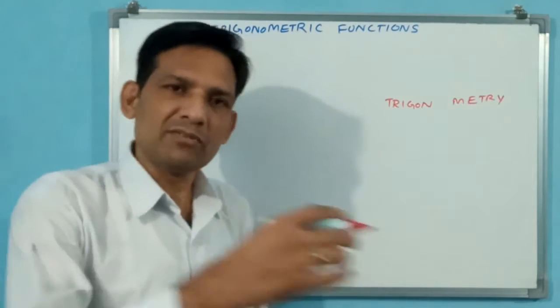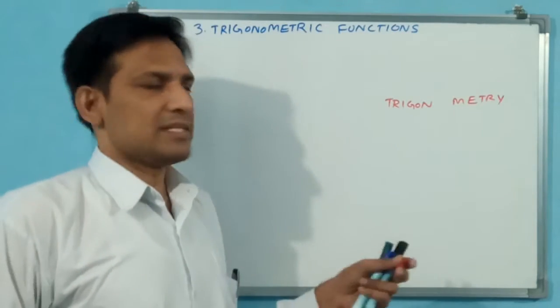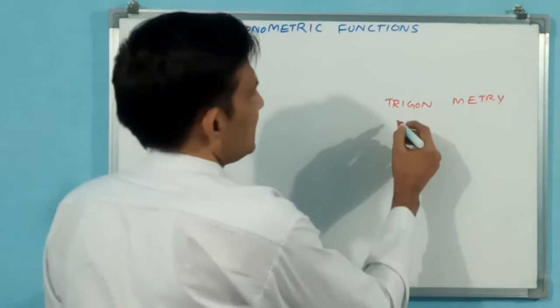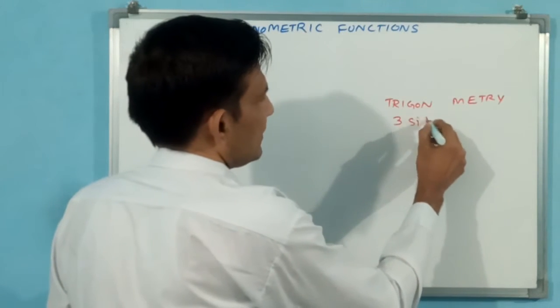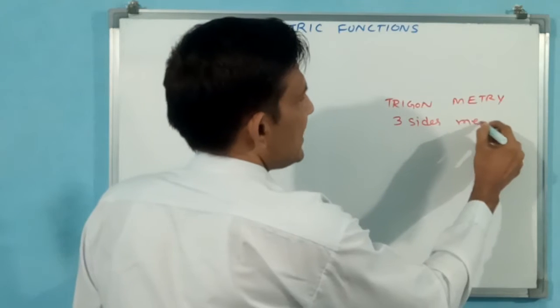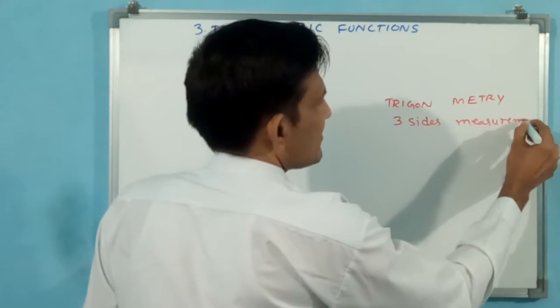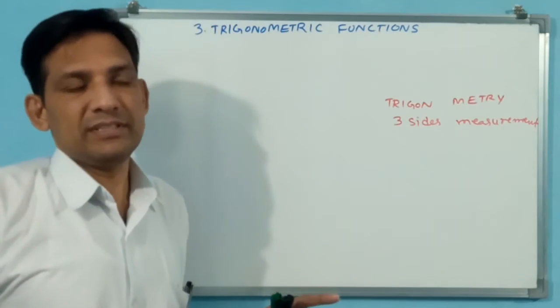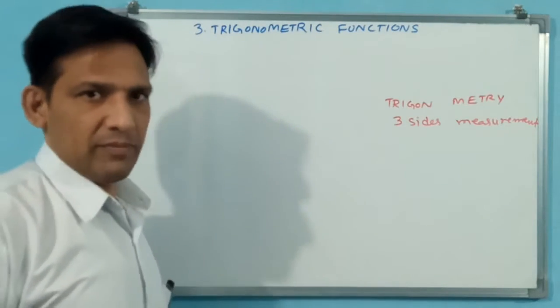Trigonometry: metering means measuring. Trigon means three sides. Three sides measurement. Actually it is sides measurement only, but angles have come afterwards.